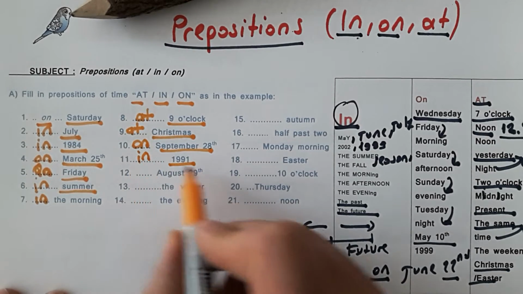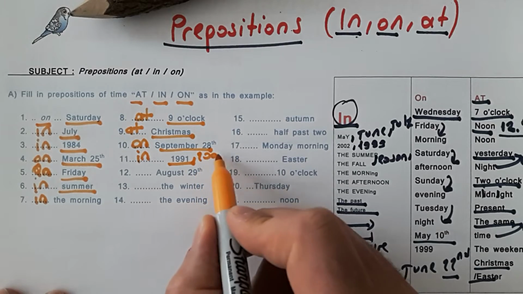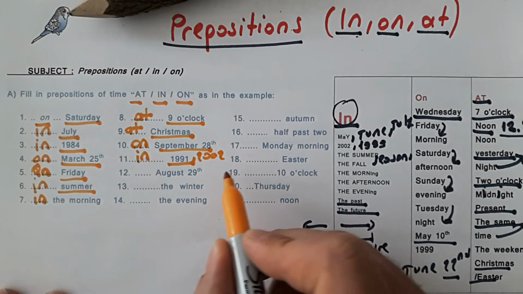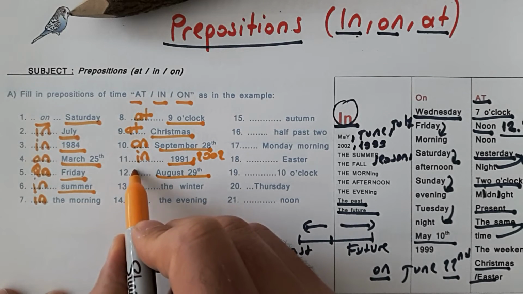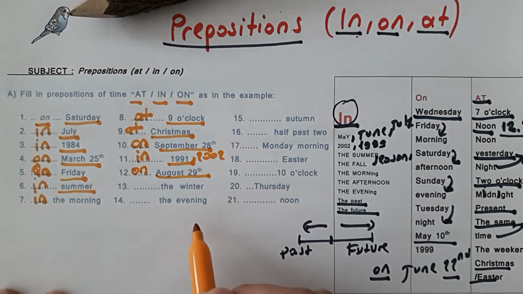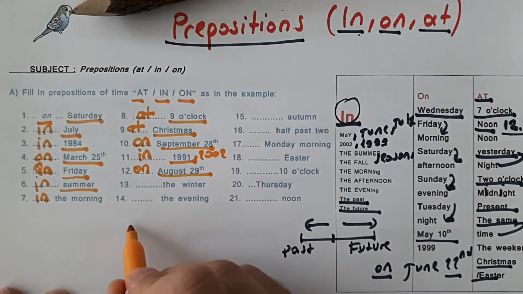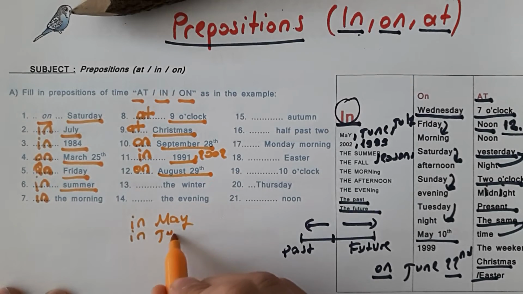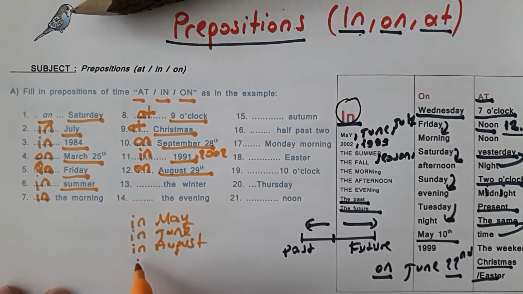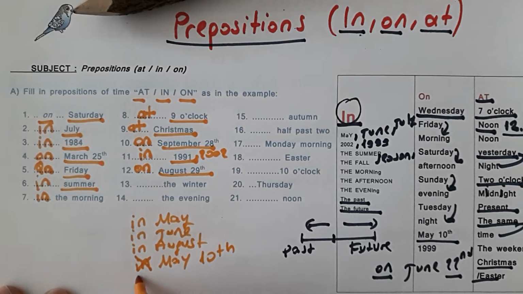We can also write in here 2002, in 2002. And the time again on. But while using only, for instance, in May, in June, in August, in May, okay, no problem, but 10th, we are writing here on.